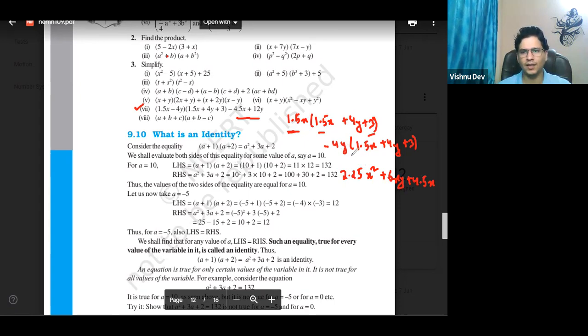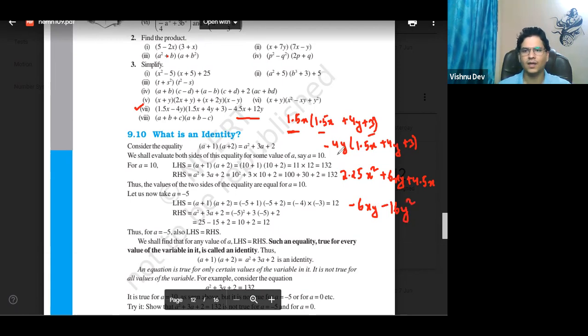Now let us see the second one. Minus 4 into 1.5. Minus 6, so minus 6. And y into x is xy. Now minus 4 into 4 is minus 16, and y into y is y square.